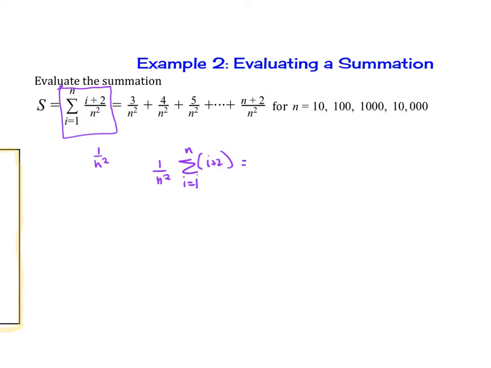And now let's split this up. So this is 1 over n squared, and then we have the sum of i equals 1 to n of i, plus the sum of i equals 1 to n of 2. So now we have 1 over n squared. Now this part right here, we can use the formula.